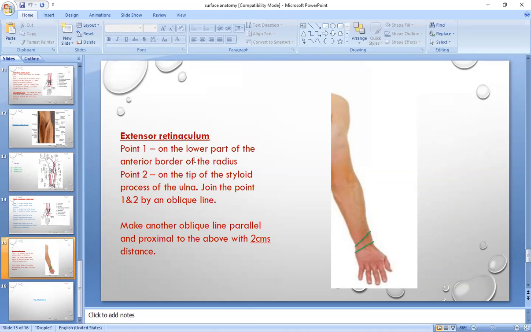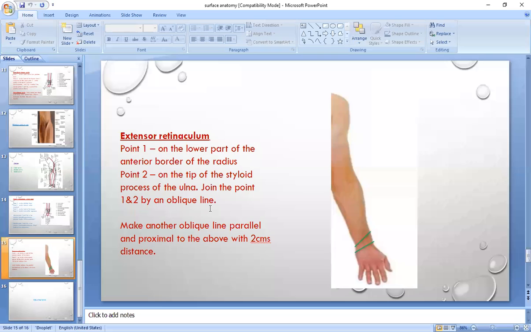Then vessels: we should demarcate some points, and some of the vessels you can feel the pulsations over the bones, for which you should also have surface anatomy knowledge. So this is the topic about the surface anatomy of the upper limb. Please revise all this again. The surface points are important.